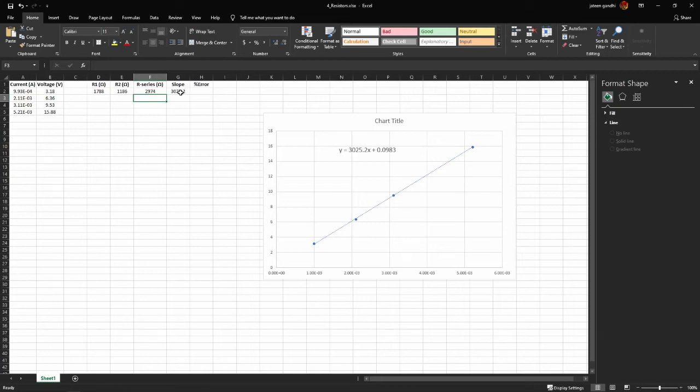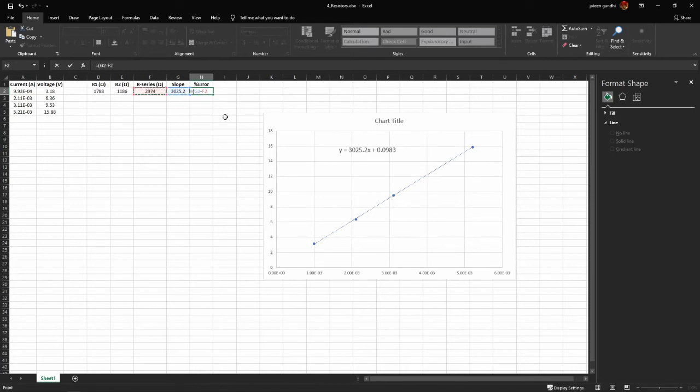Well, how close? Let's calculate percent error. So for percent error, again, I'm going to type an equation, equals, I need the difference between the two values. So open a parenthesis and then this value, right? So whichever is the higher, minus whichever is the lower. So I'm selecting the cells.